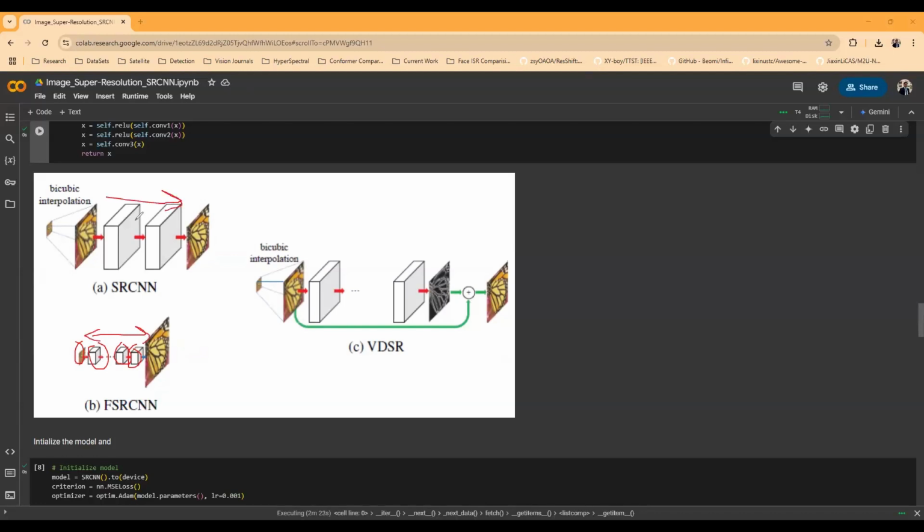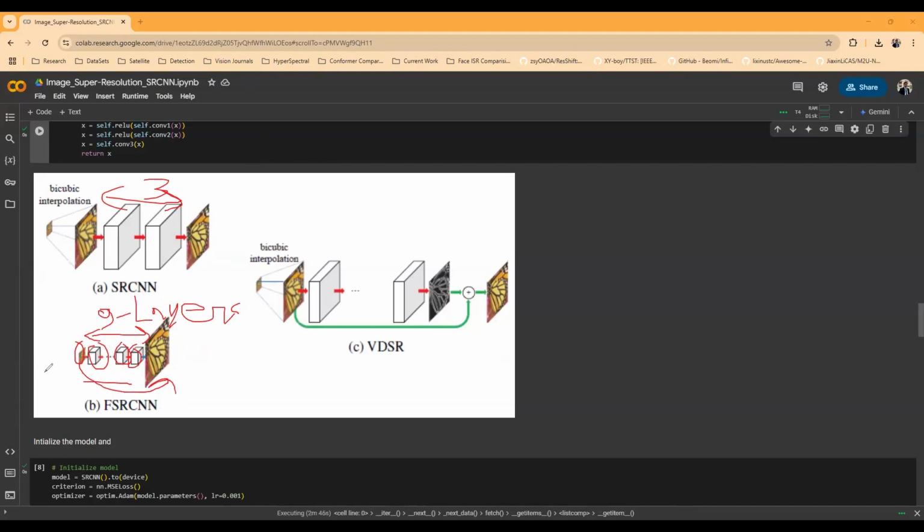Here we have only 3. There are only 3 layers in the SRCNN. But FSRCNN, proposed just the next year by the same authors, uses a 9-layer network, and they delayed the upsampling to the very last.